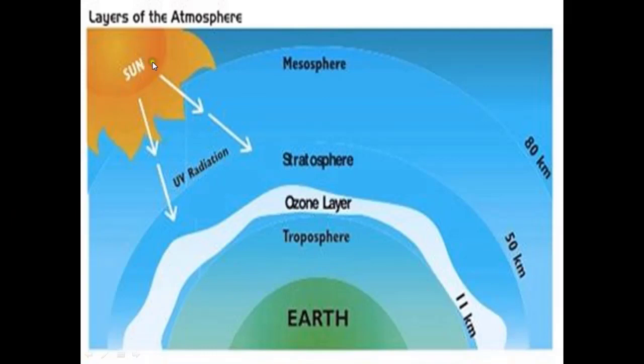From the sun, UV radiations come toward the Earth. These radiations are absorbed by the ozone layer, and hence we do not get direct UV radiations on the Earth.